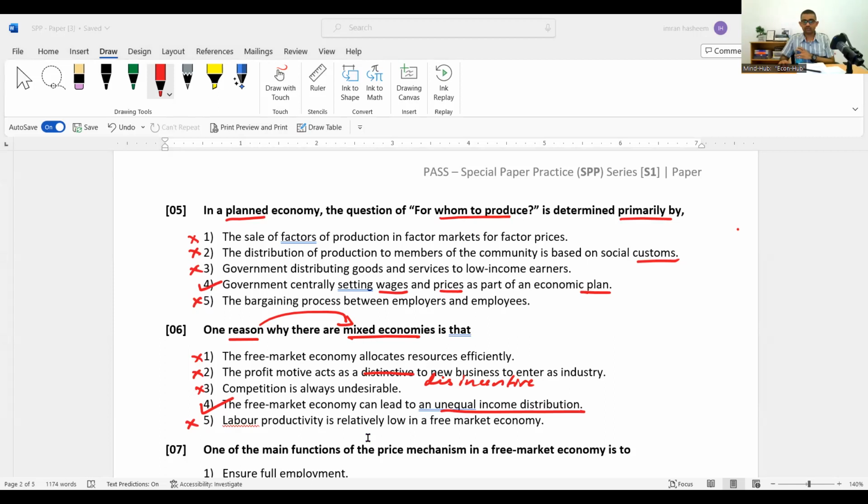Who got the correct answer for question 5 and 6? Okay, question 5. How about question 6? Good. Right. Mixed outcomes, but overall, I think you guys are okay.